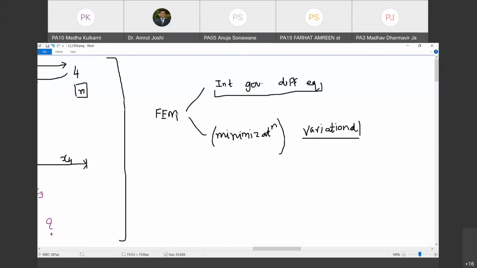Are you with me? Yes, sir. So there are some problems in nature which translate themselves into differential equations for sure. Differential equations में तो translate होते हैं, लेकिन there is no corresponding minimization or variational principle available. तो आपको कोई ऑप्शन ही नहीं है, आपको finite element formulation direct integration method से ही करना पड़ेगा. Are you with me? Yes, sir.